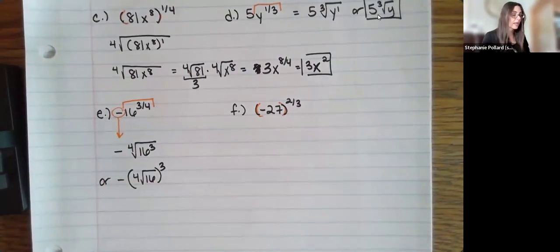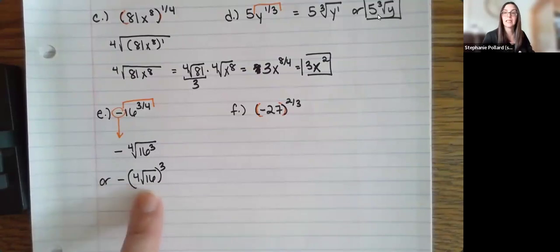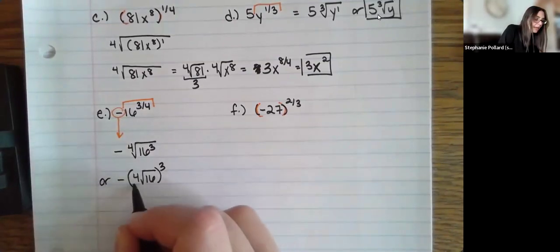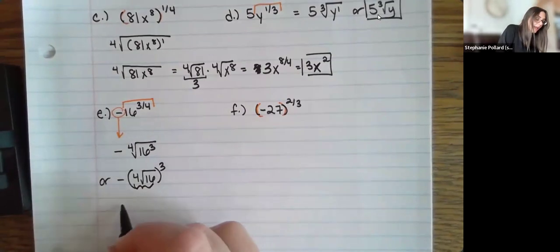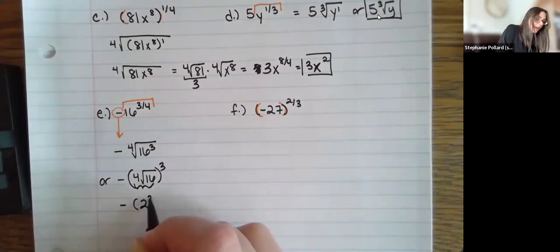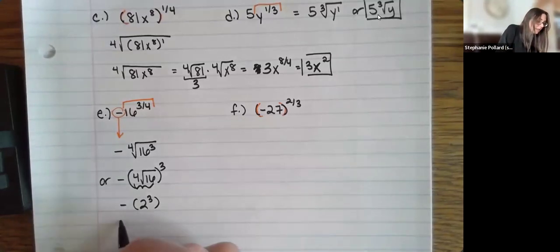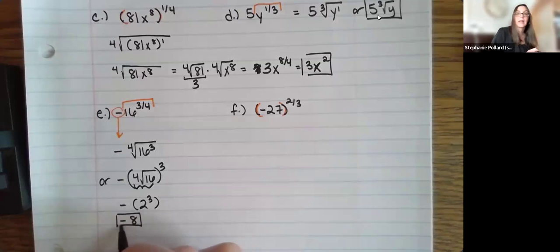In this particular case, I know that the fourth root of 16 is 2, because 2 times 2 is 4, times 2 is 8, times 2 is 16. So for me, this form is easier because I can do that fourth root of 16 in my head. And then I'm just dealing with 2 to the 3rd after that, which is 8. So my answer here is -8.